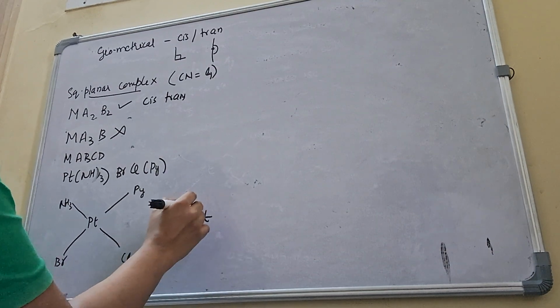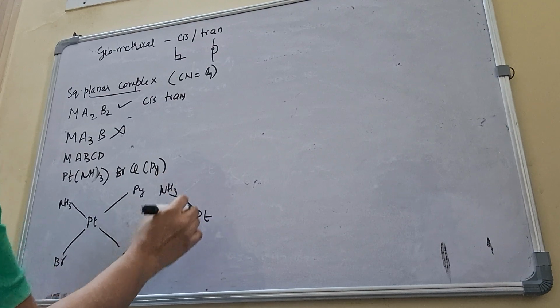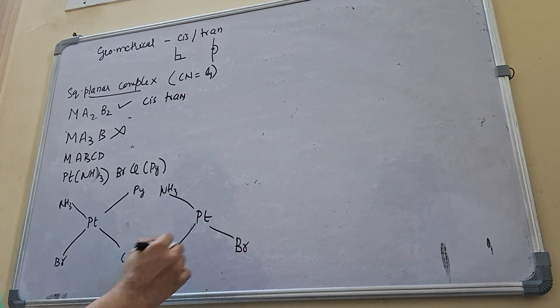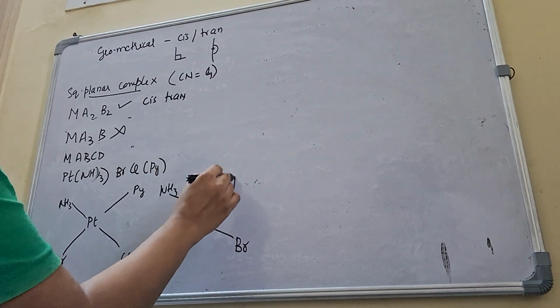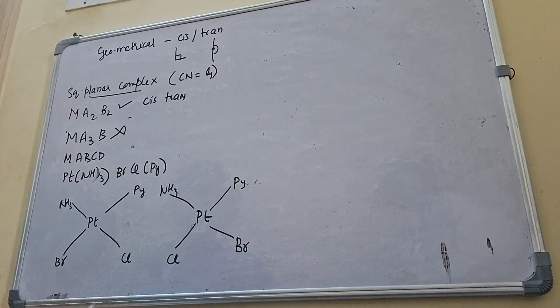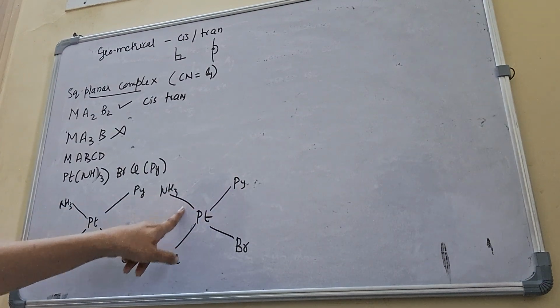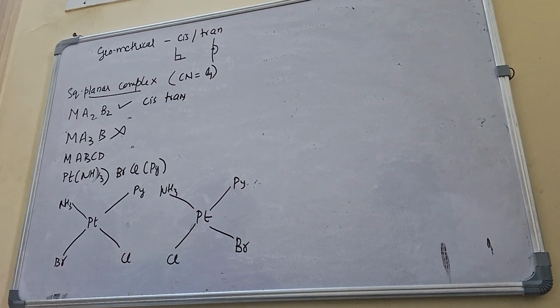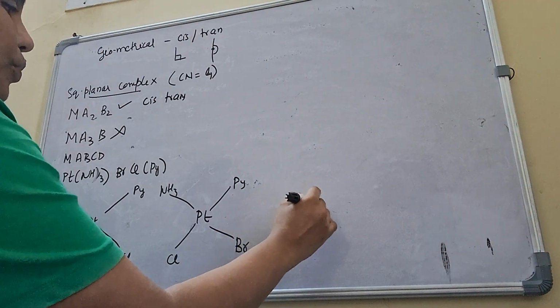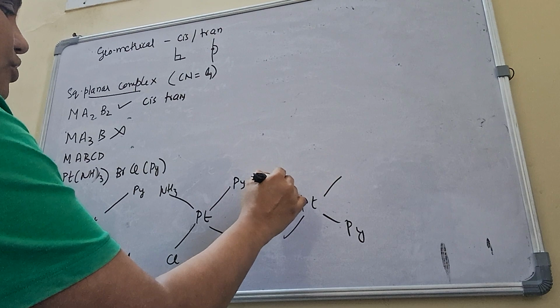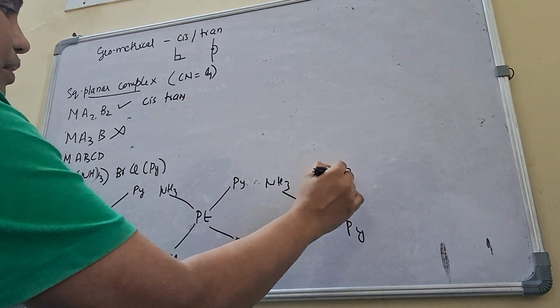And in the next case, you are having ammonia here, okay? And the 180 degree is between bromine here, and when you put chlorine, you put Py. It doesn't matter if you put chlorine here, because ultimately ammonia is making 90 degree with this, 90 degree with this, and 180 degree with bromine. Okay, and in the last you put a Py here, NH3, Cl, Br.